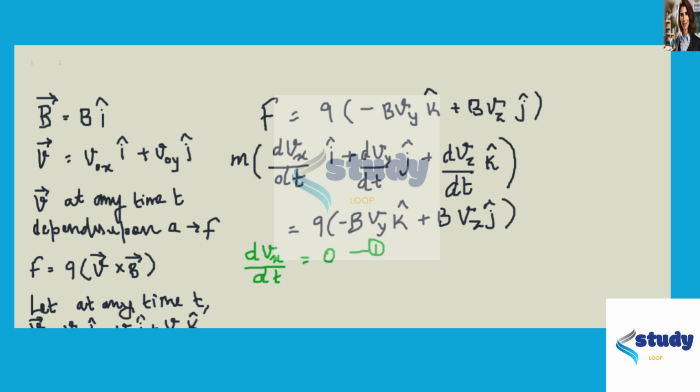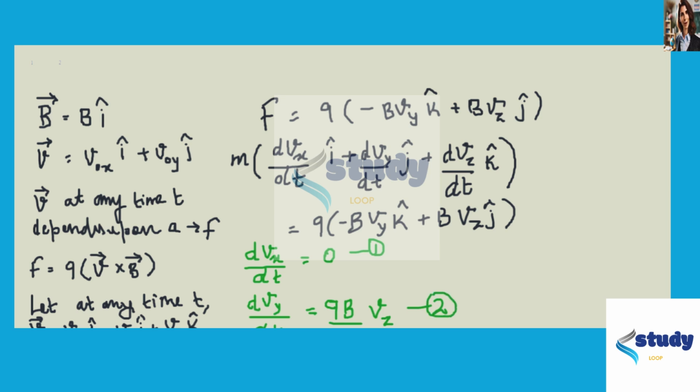The other equation: comparing the components in the j hat direction, dvy by dt equals plus qB by m vz. This is equation 2.